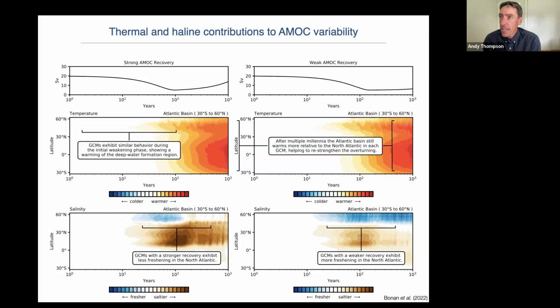If you're thinking about the overturning, it's often useful to think about it in density space and where water mass transformation is happening. And of course, that is in balance to a certain extent with the winds. But I do think that even if you have a perturbation in the AMOC, you very quickly get back into the scenario where the low latitudes are accumulating heat.